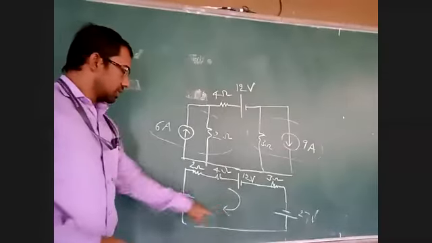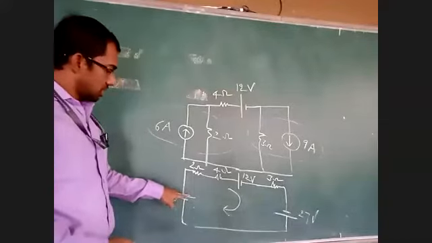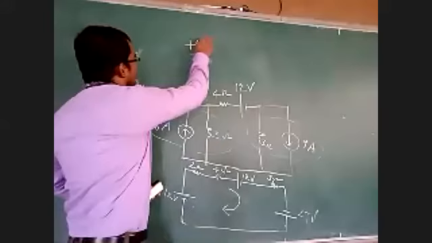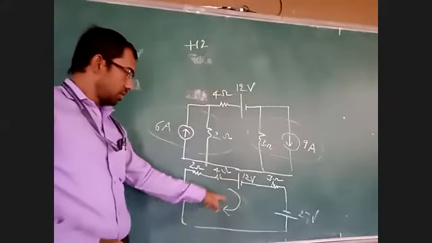Now, let us take this arrow as moving from minus to plus. Minus to plus means plus 12.